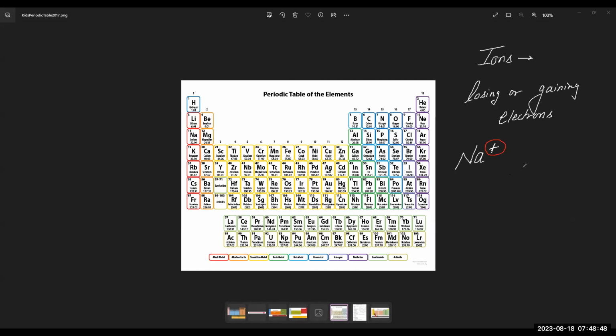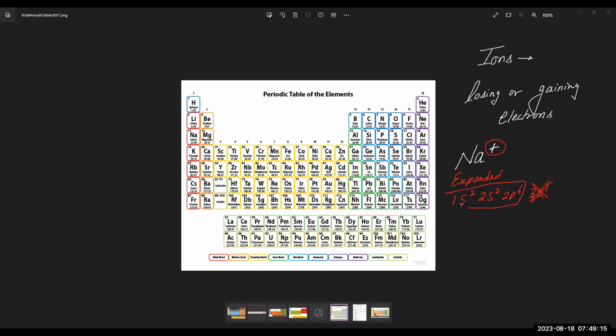If I say write down the configuration of sodium plus in expanded notation, so what is it? 1s2, 2s2, 2p6. Do we have 3s1? No, that is lost.